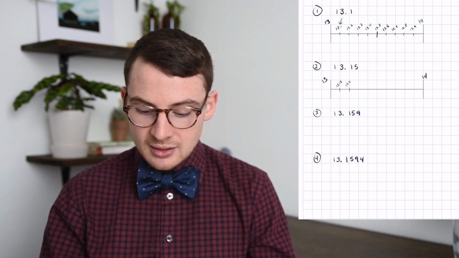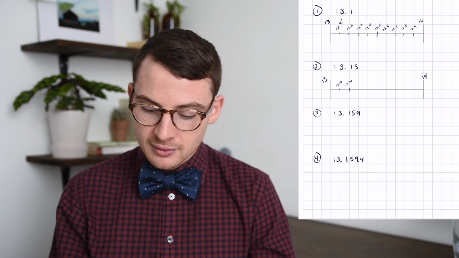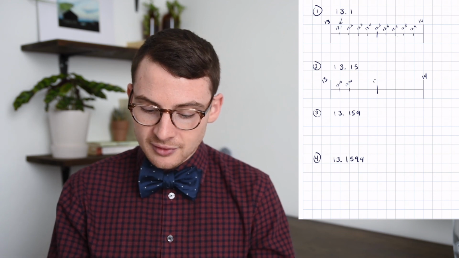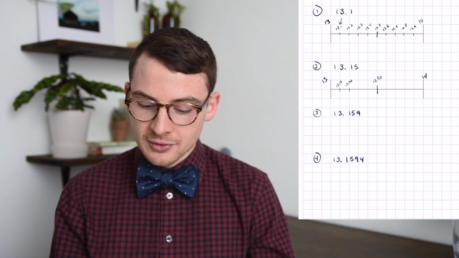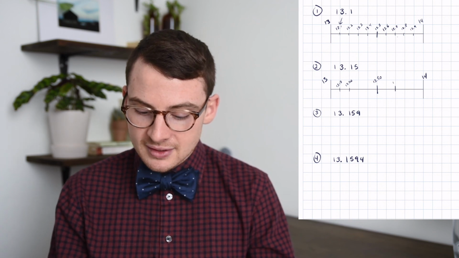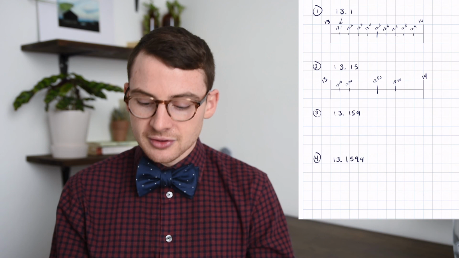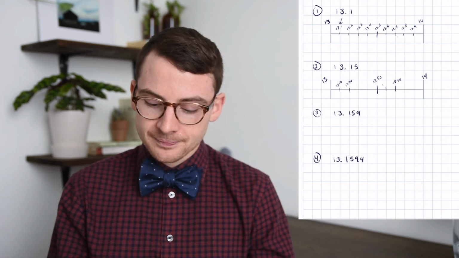So 10 hundredths. So it's 13.10, 13.20, and so on and so forth until I get to 13.50, right? And this is then 14. So this would be 13.70, right? So you get the point of our number line here.